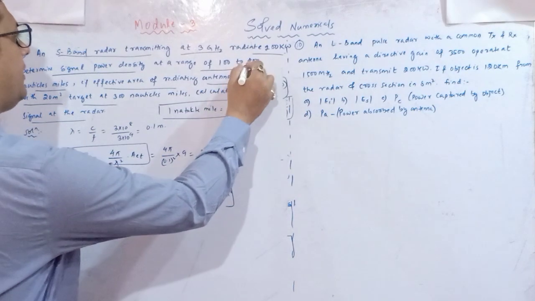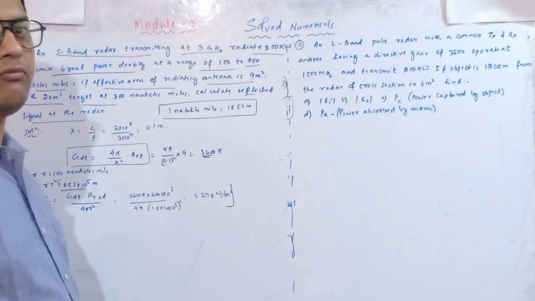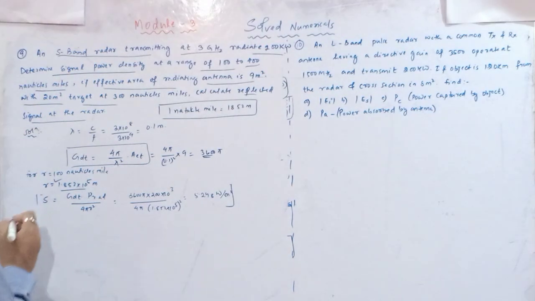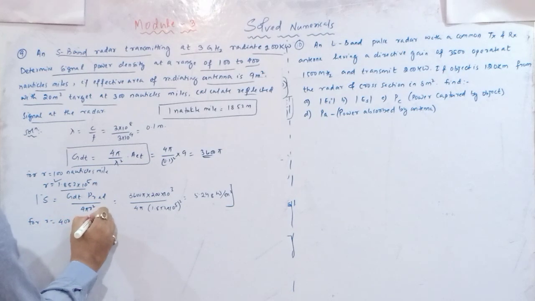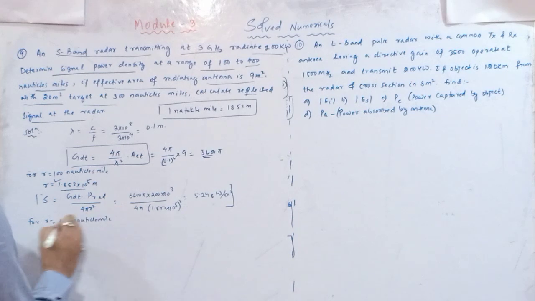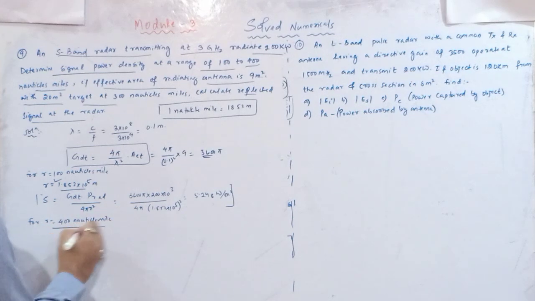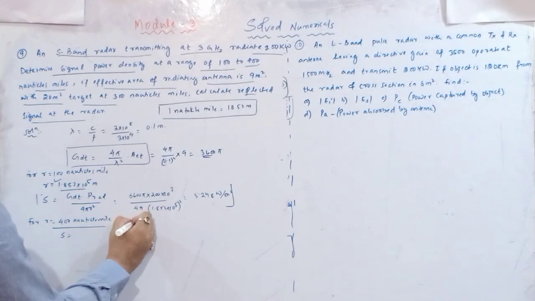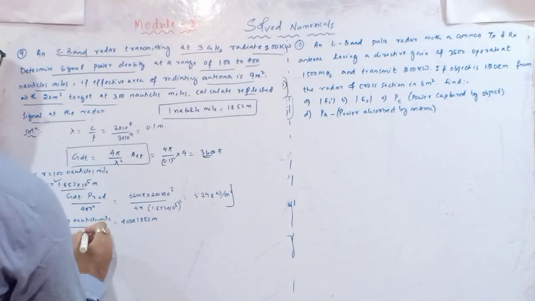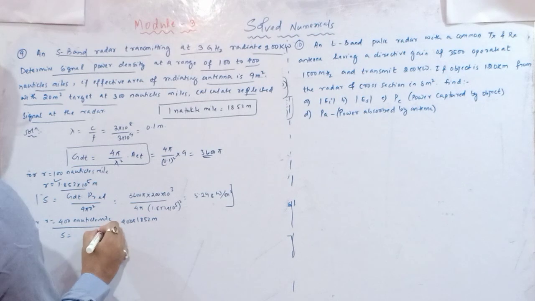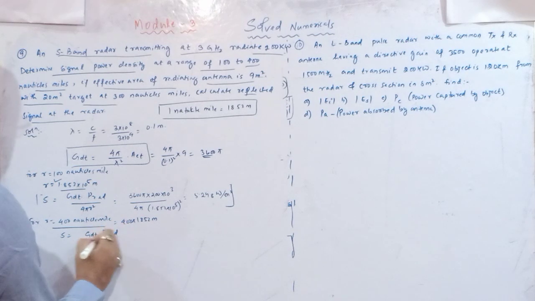Similarly, you have to determine for R equals 400 nautical mile. Again convert this 400 into 1852 meter. So S equals GD into P rad divided by 4 pi R square.